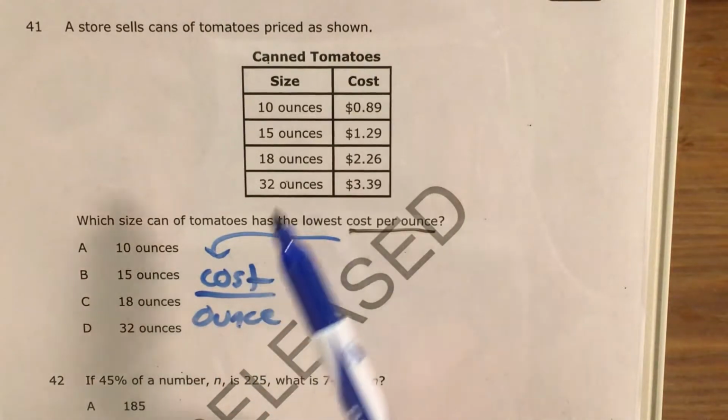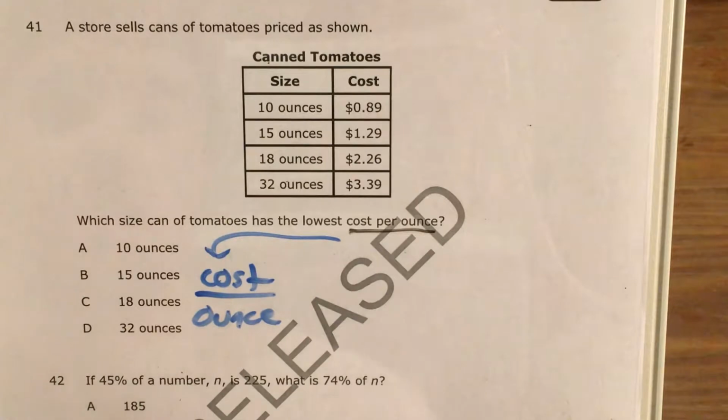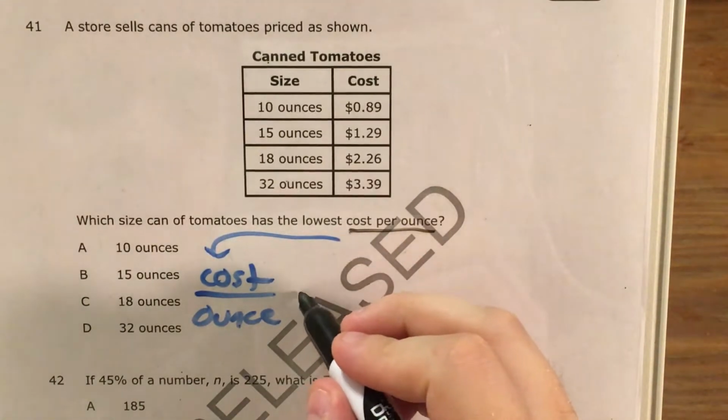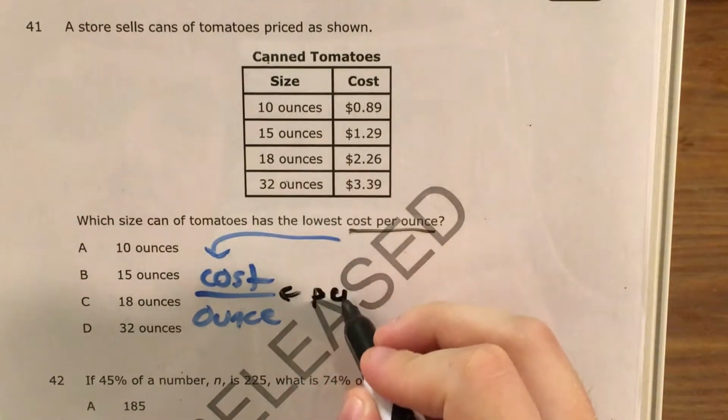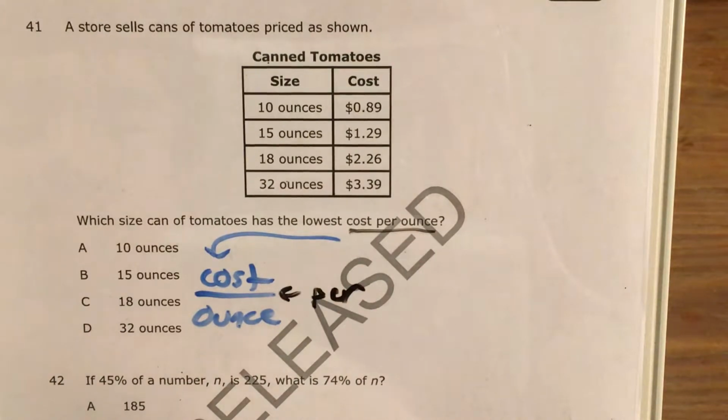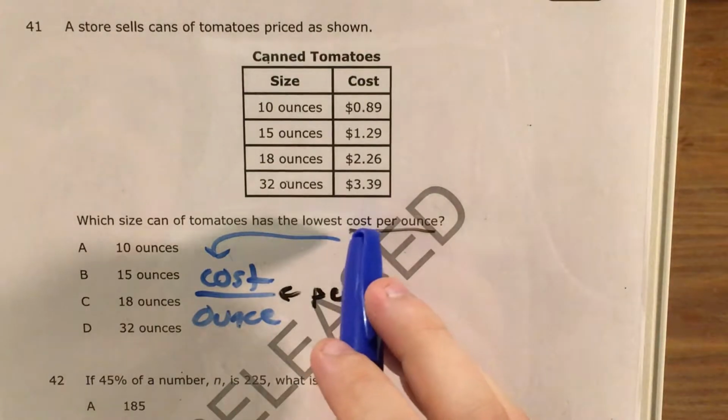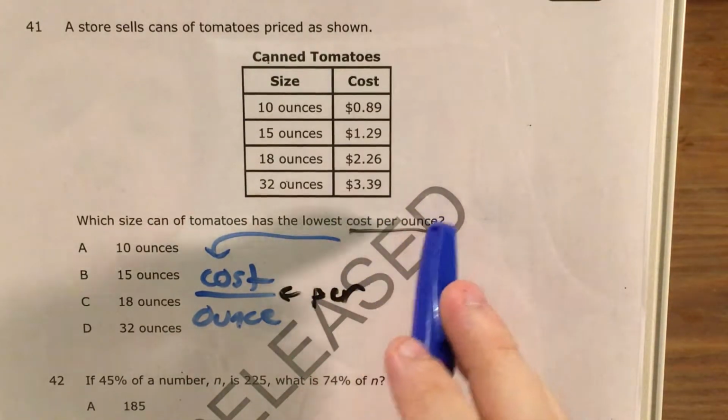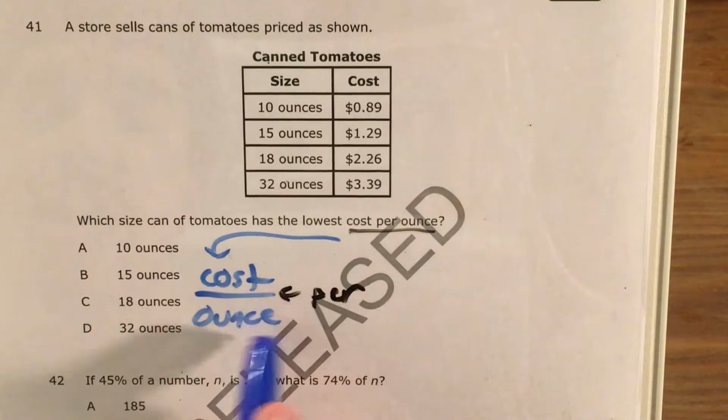In this case, the word per translates to that fraction bar. So in other problems, per could translate to multiplying, but now that we're in unit rate territory, I find it easiest to think of cost per ounce as cost divided by ounces, where per becomes that dividing sign or the fraction bar. So let's go ahead and test out each of our answer choices.